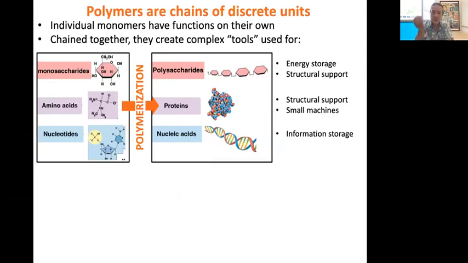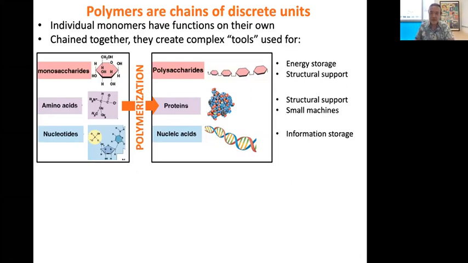Each individual monomer can have a function by itself. So for example, a monosaccharide like glucose, like sugar, right? There are many different uses for glucose in the cell, including energy, right? So we will learn later that the use of glucose is the main power source of cells, but glucose can be chained together.